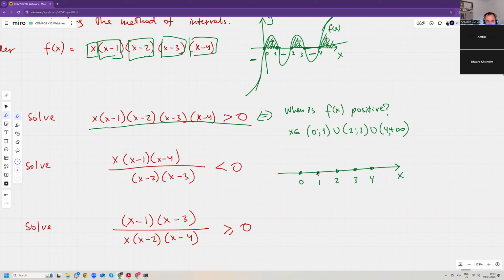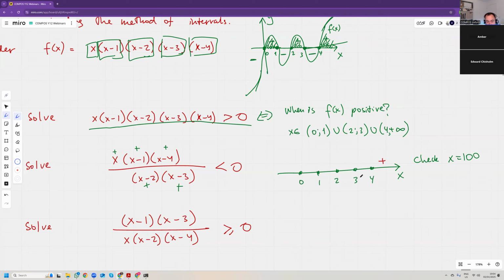We check a large number, so x 100, for example. If you place 100 into this, x is positive, x minus 1 is positive, 100 minus 4 is positive, positive, positive. So the function is positive here.